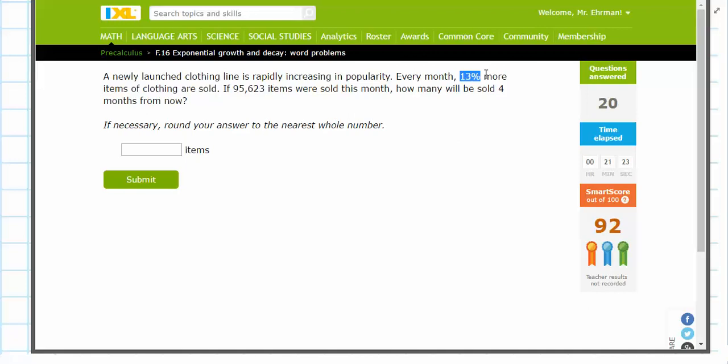Maybe we'd like to calculate how much time is necessary to reach a particular target. So maybe we'd want to know when we would sell 100,000 items, let's say. We could work backwards and calculate for the length of time. We'll talk more about that on Monday.